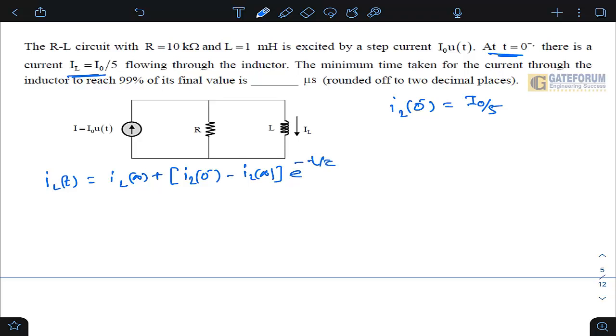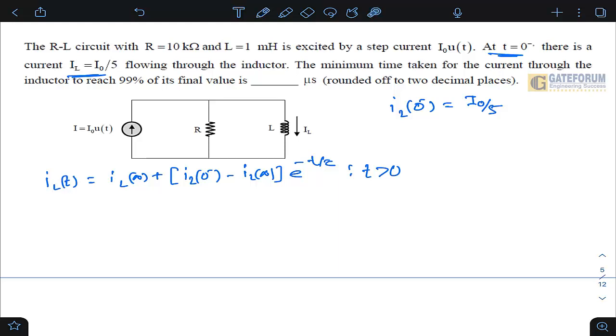This is applicable for t greater than 0 because switching is happening at t equal to 0, as you can see from the presence of u(t).